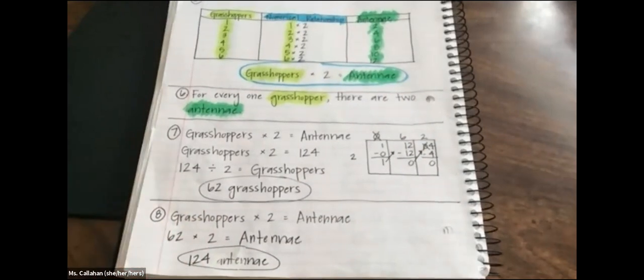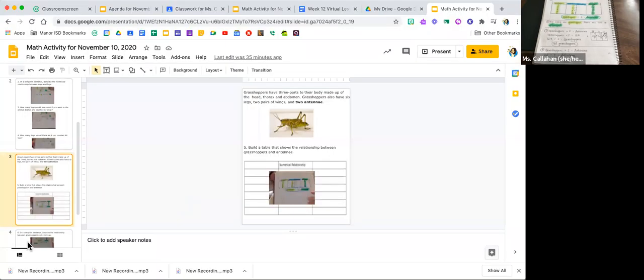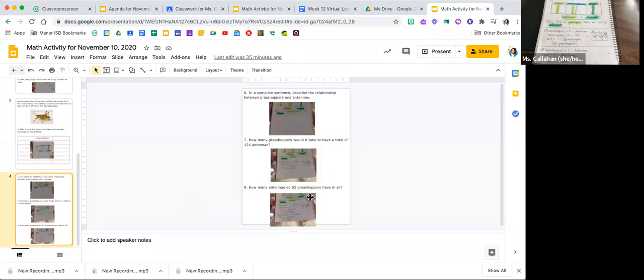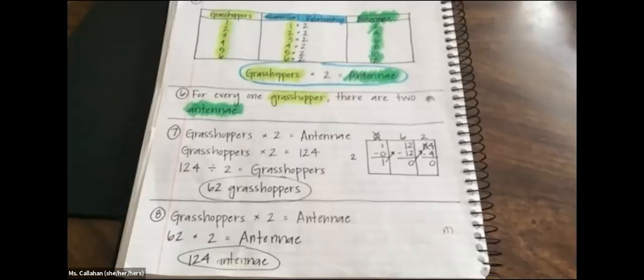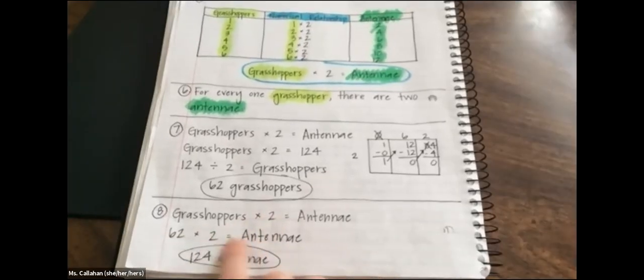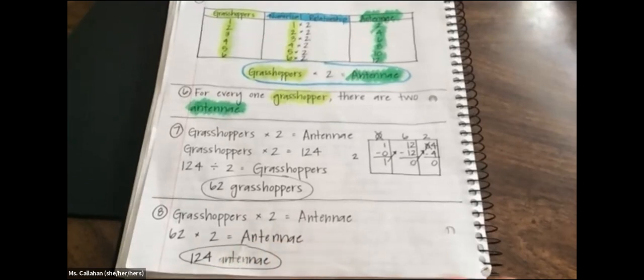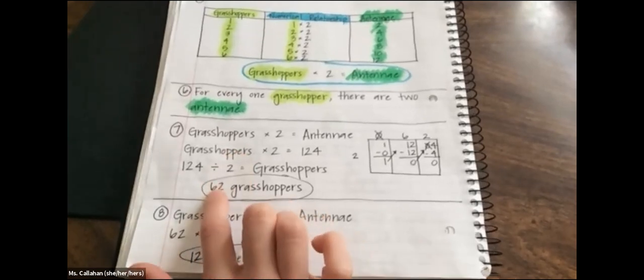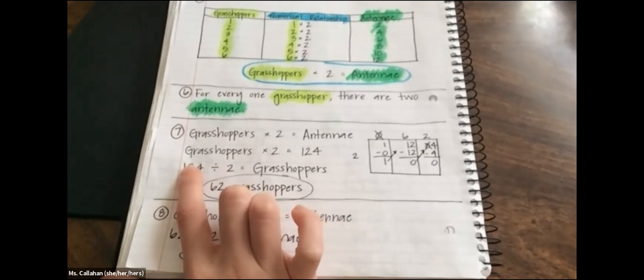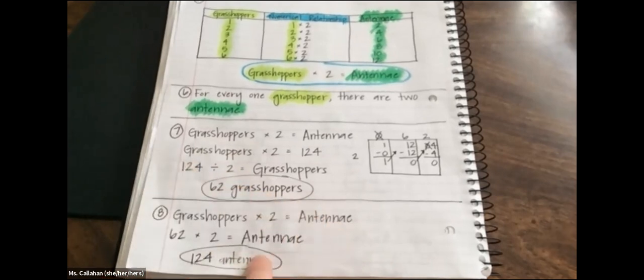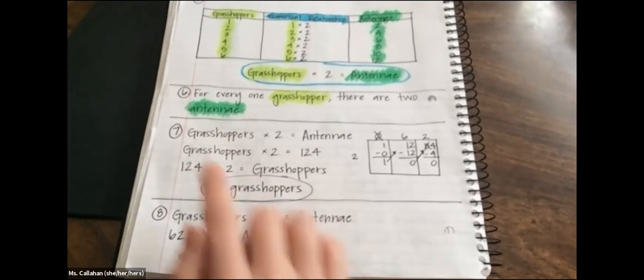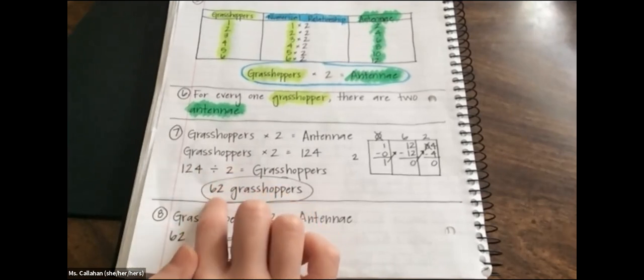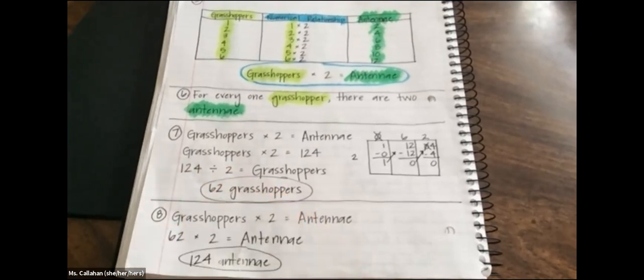I'll just show you really quick. So for number 8, how many antennae do 62 grasshoppers have in all? We know that it's multiplied by 2 to find the number of antennae, and magically 62 times 2 equals 124. We already knew that, so the answer was right here. Just like 124 divided by 2 equals 62.